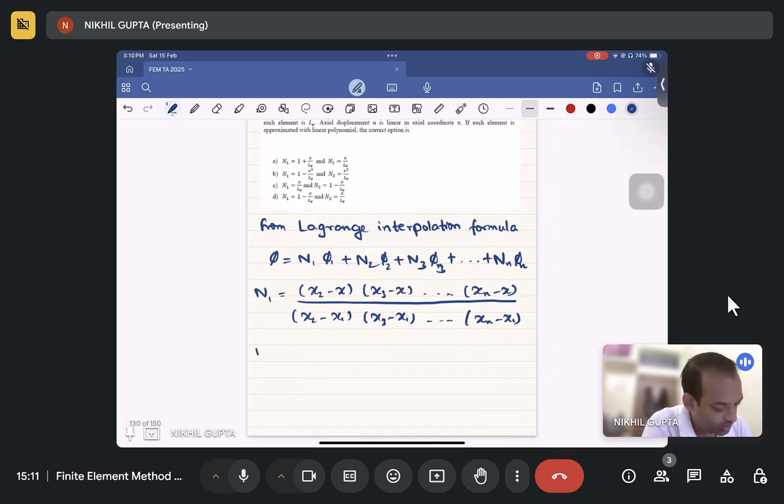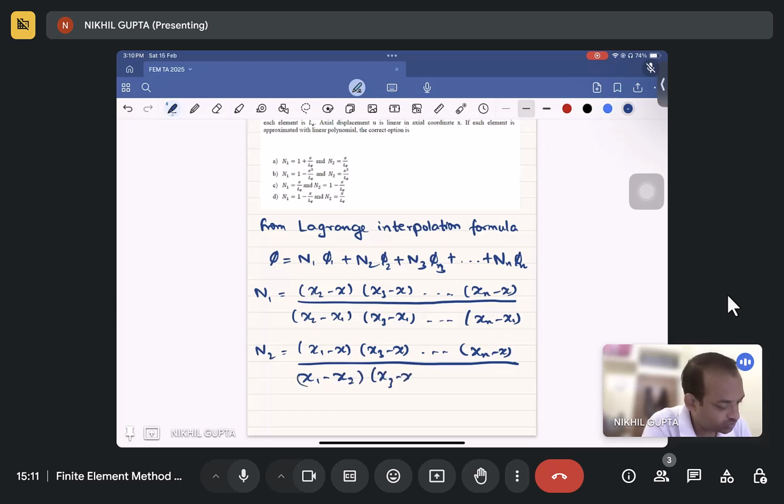Similarly for N2, we write (x1 minus x)(x3 minus x) up to (xn minus x), divided by (x1 minus x2)(x3 minus x2) up to (xn minus x2).